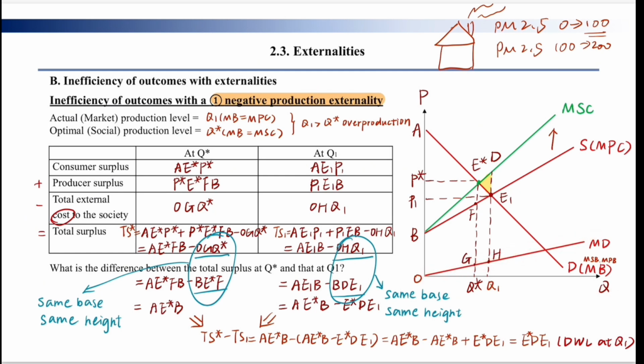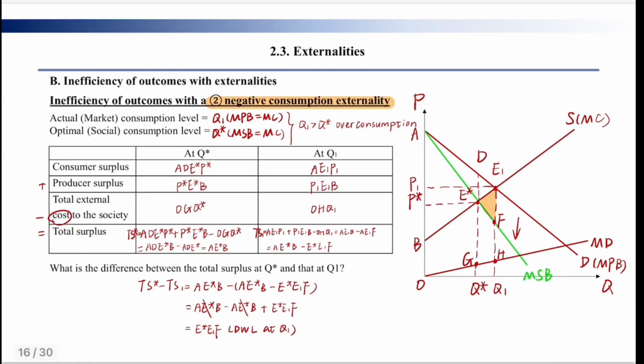So why is it called marginal damage? It is the impact of the damage on people for each additional unit of quantity. So the marginal damage is getting larger and larger. Okay, that's the reason why the MD curve is like this. If we don't consider the externality, we know that the demand curve is MPB or MSB.